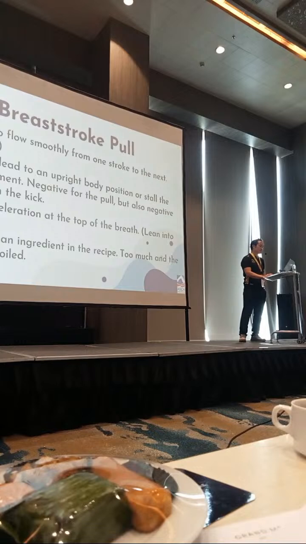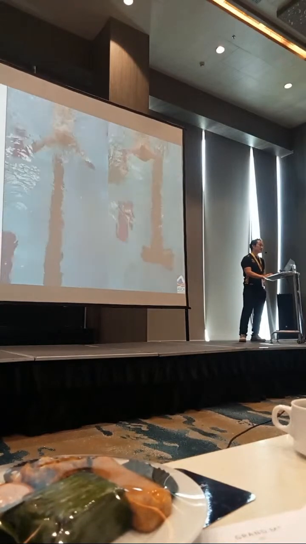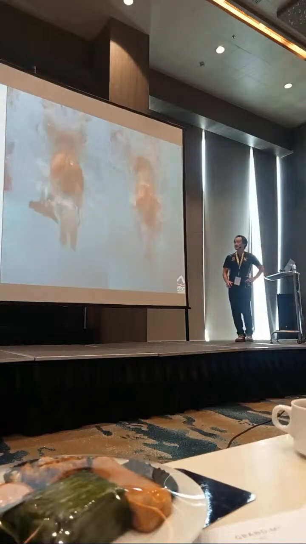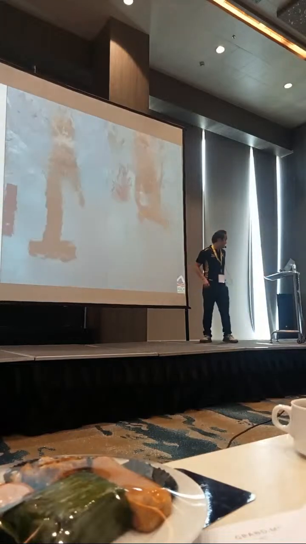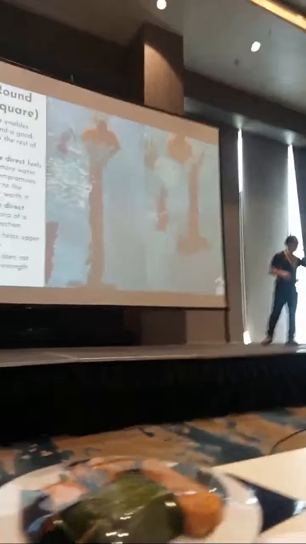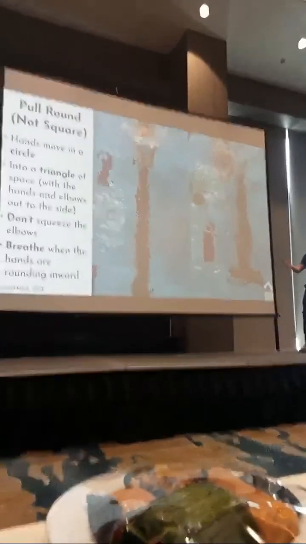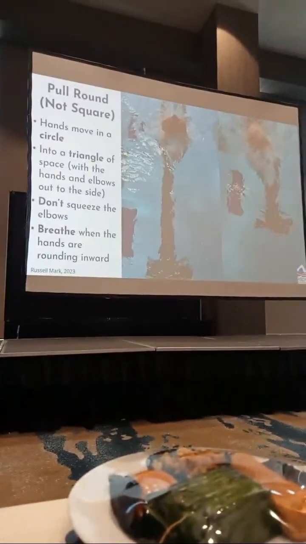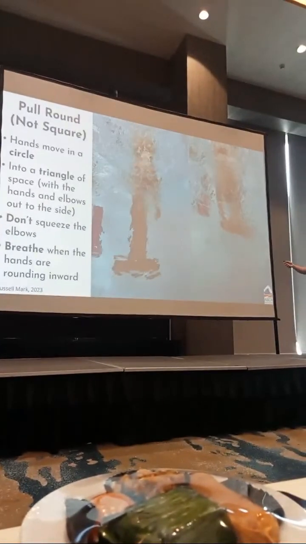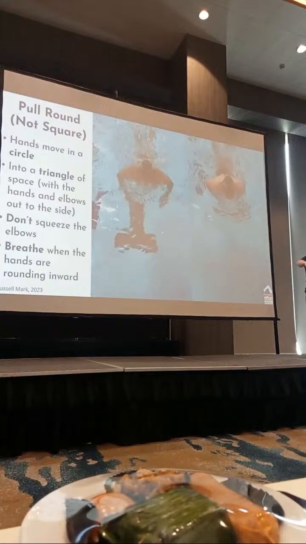And looking at this video, we have somebody here that is a lot wider in their stroke. This person is a lot wider, coming around, and this person is pulling straight back.